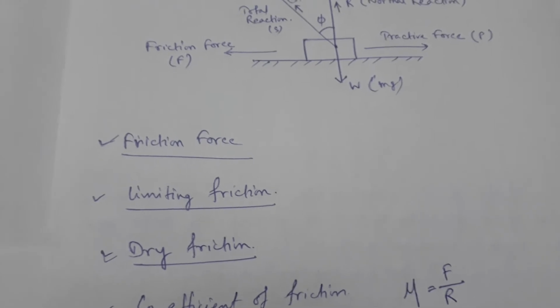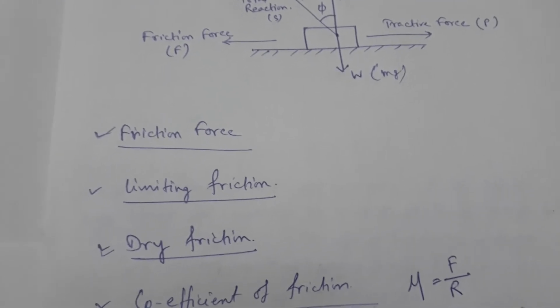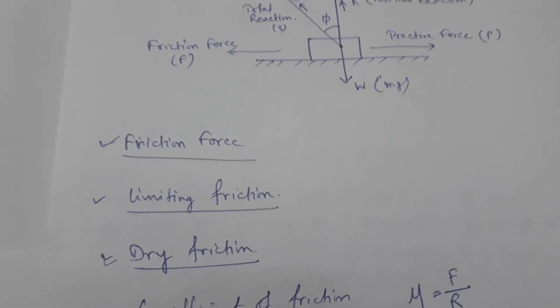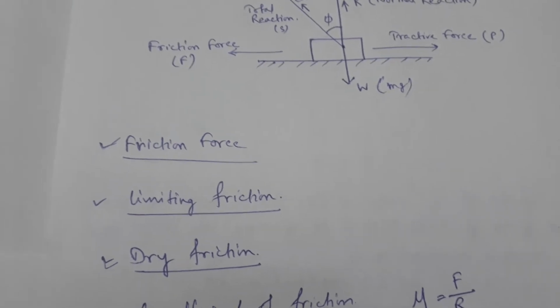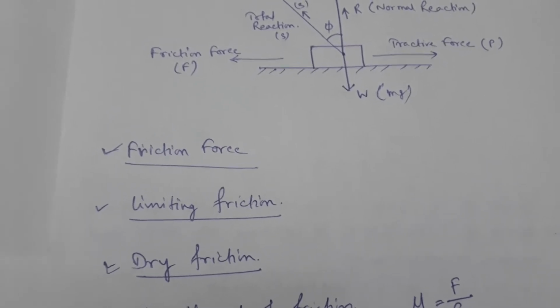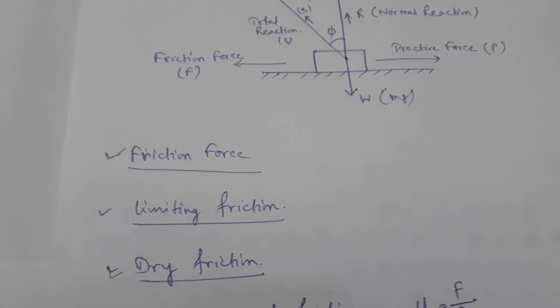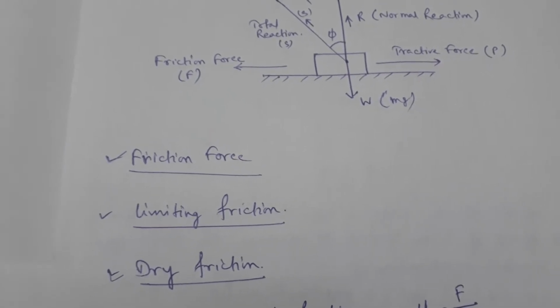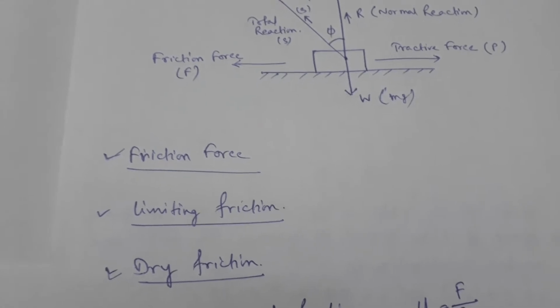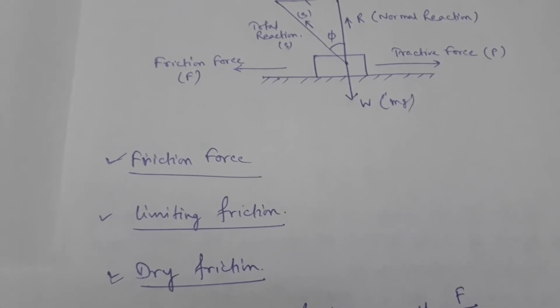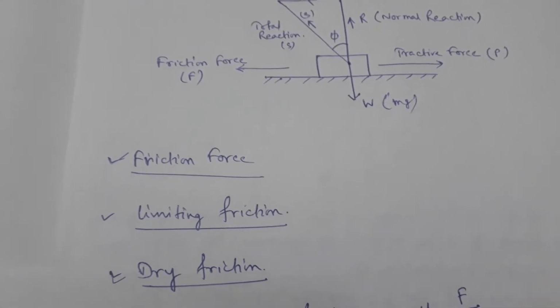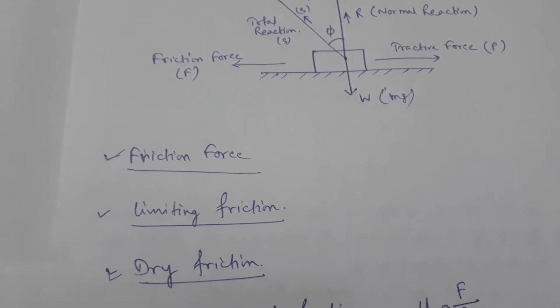Dry friction is sometimes called Coulomb friction. It manifests when the contact surfaces are dry and there is a tendency for relative motion. Fluid friction manifests when a lubricating film is introduced between the contact surfaces. This is dry friction and fluid friction.